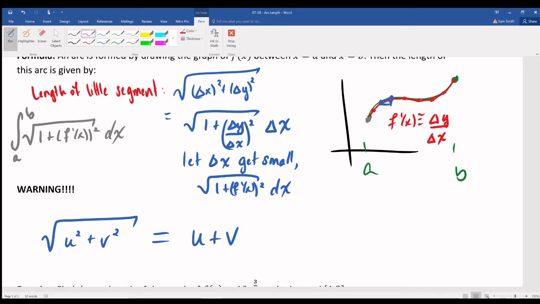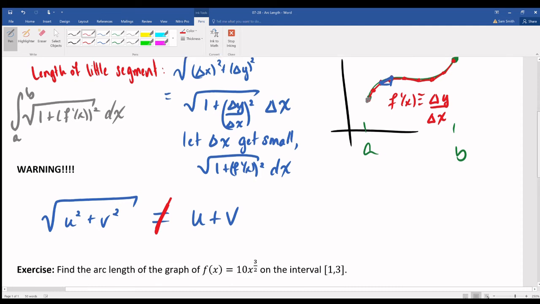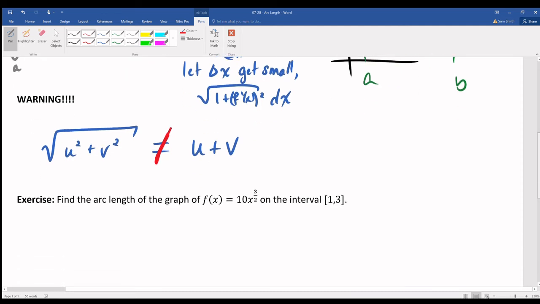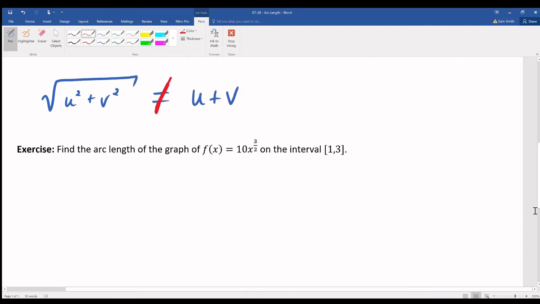It is absolutely imperative that you remember that the square root of u squared plus v squared cannot be reduced to u plus v. These are not equal at all.